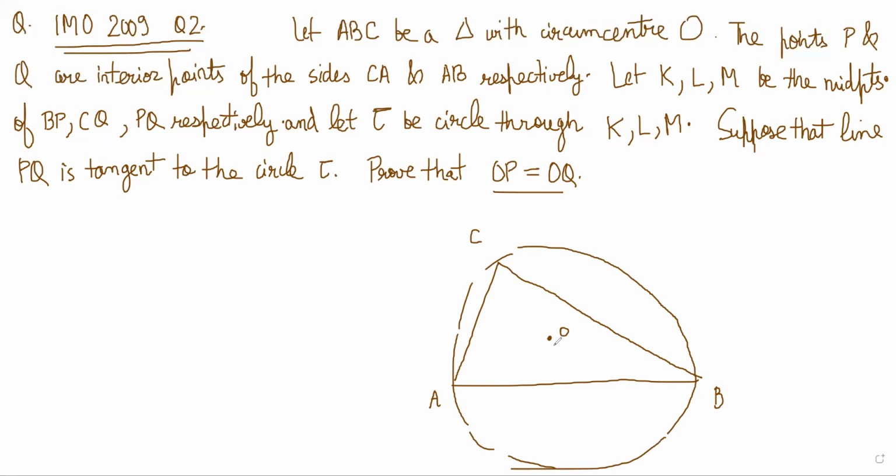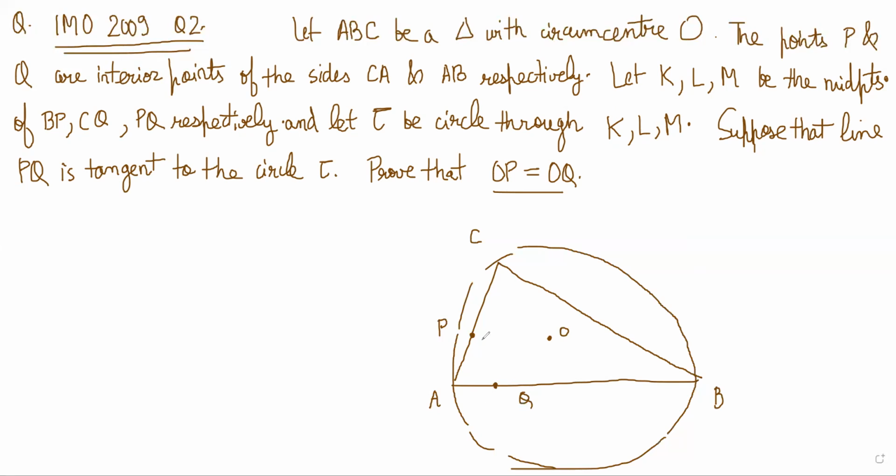P and Q are interior points of CA and AB. So let's say P is somewhere here, Q is somewhere here. This is P, this is Q. K, L, M are midpoints of BP, CQ, and PQ.